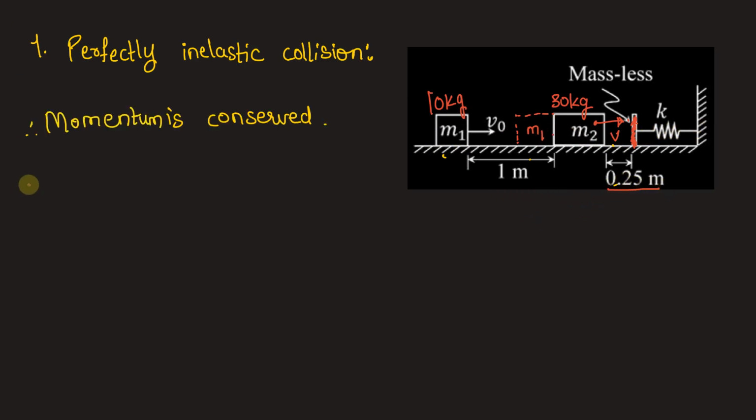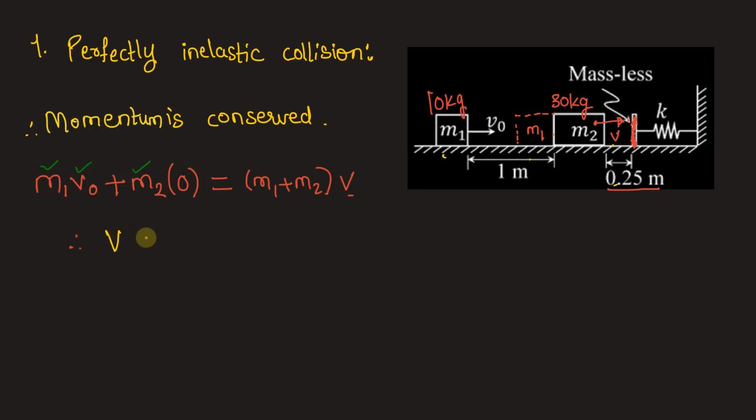So we can write M1 V0 plus M2 times the velocity of M2, which was 0, will be equal to the momentum after collision. The momentum before collision is on the left hand side, and the momentum after collision is M1 plus M2, both masses together, with the equal velocity V. Hence, we can find V from this equation because M1, V0, M2 are all known values.